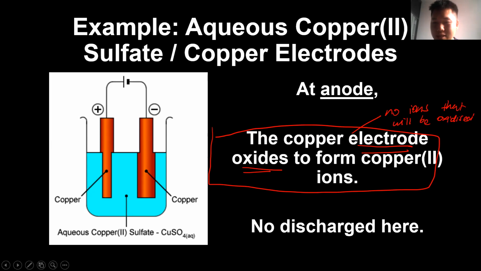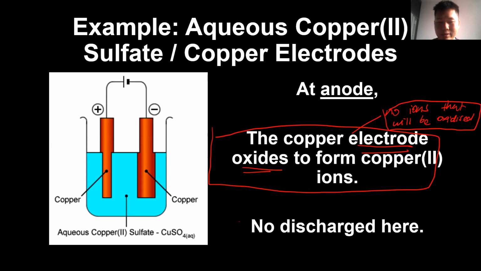So this is the difference here. If you are using a graphite electrode, ions are the ones that are oxidized. But if you are using copper electrodes, which are active electrodes, the electrode itself will be oxidized to form copper 2 ions.